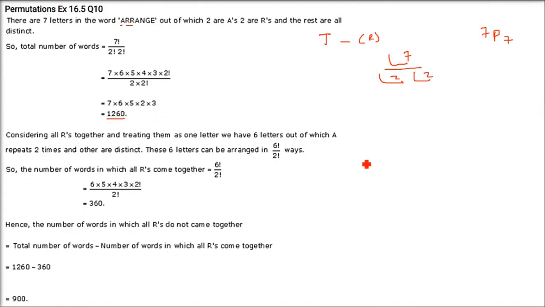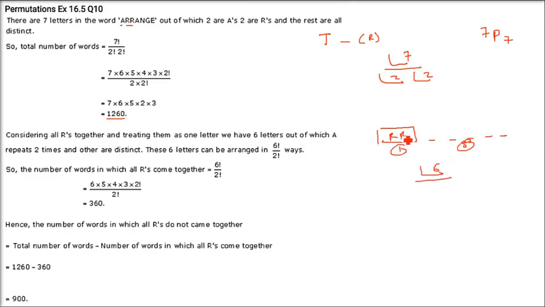Now coming to the next one. Now we are assuming that R's are together. So keep them in a box, R. So when we took first position by R, what is the position left? 1, 2, 3, 4, 5. So 5 positions are left, and 1 position for R. So in all we have 6 positions. So 6 positions is 6P6.